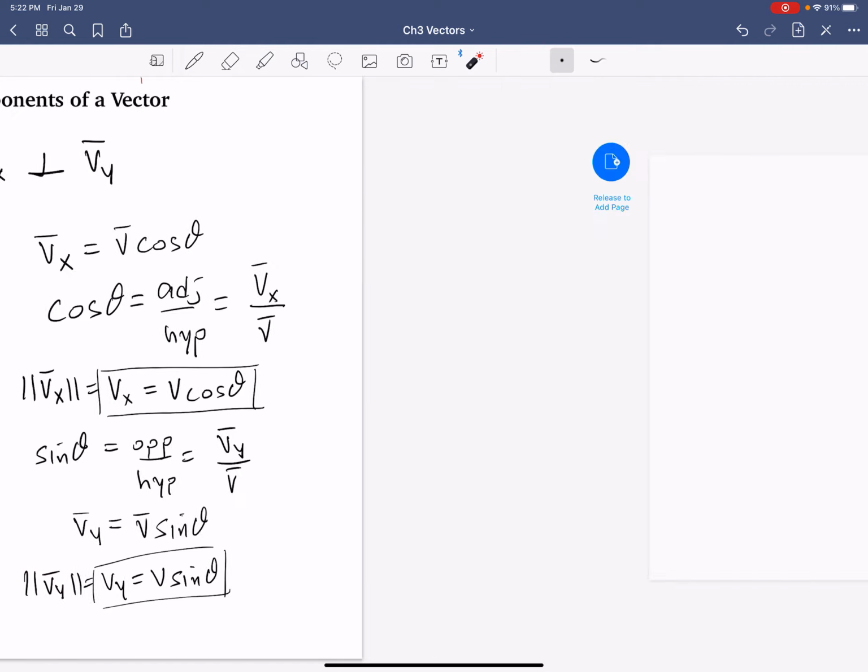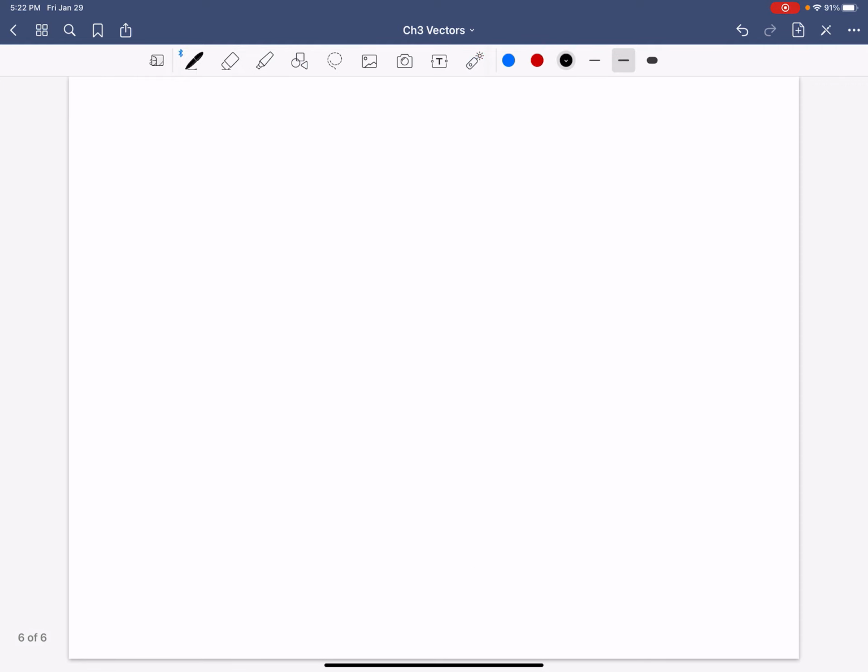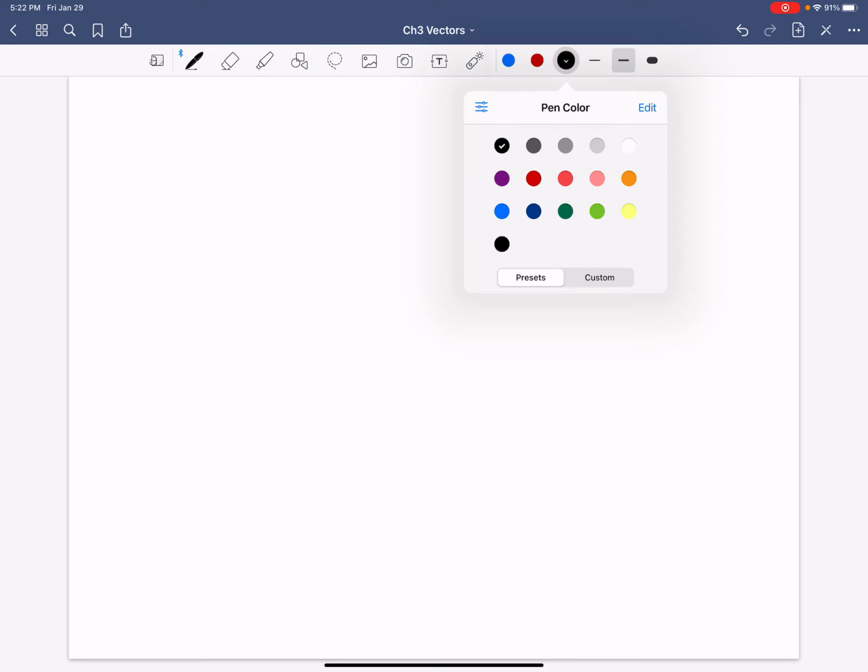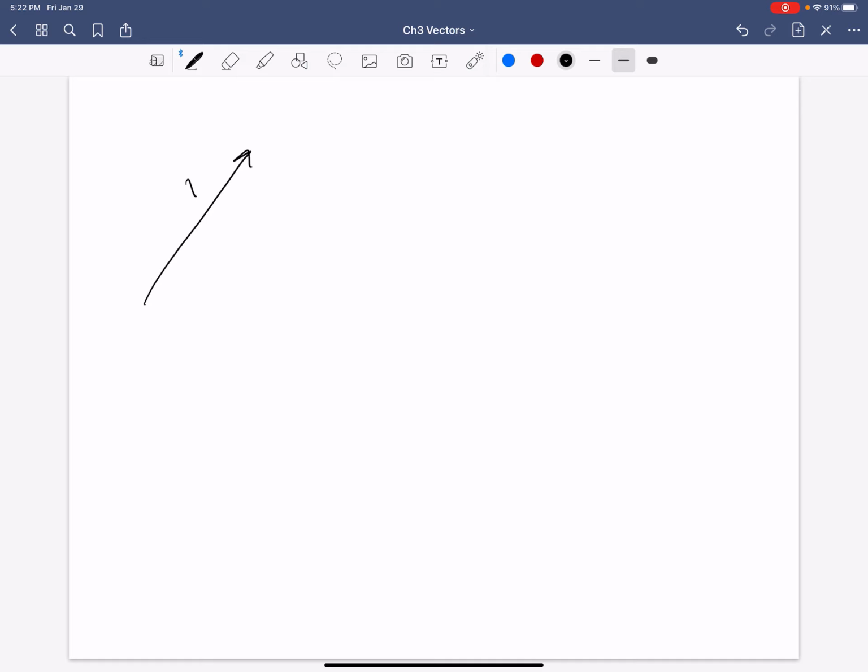Now, let's flip the angle. What will happen if we have V like normal? Let me recreate my triangle here, with Vx and Vy. What will happen to those equations that we just wrote if, for some reason, the angle was specified to be there?